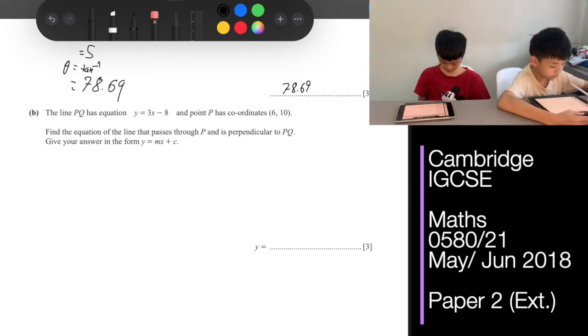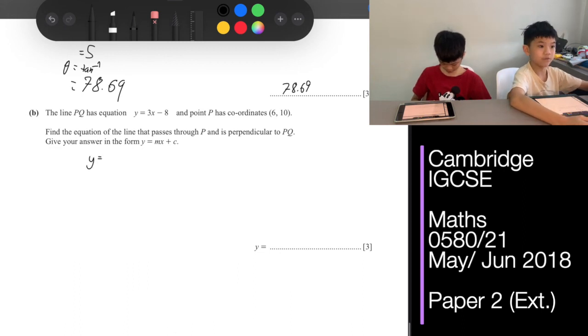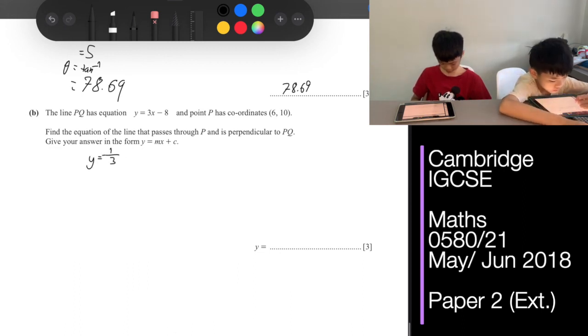For question 24b, the line PQ has equation y equals 3x minus 8, and point P has coordinates 6, 10. We need to find the equation of the line that passes through P and is perpendicular to PQ. We need to give our answer in the form y equals mx plus c. So we know that the slope would be negative 1/3, so negative 1/3 x, and then plus c.